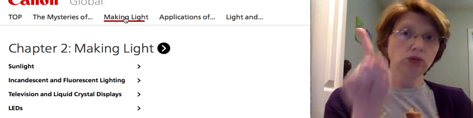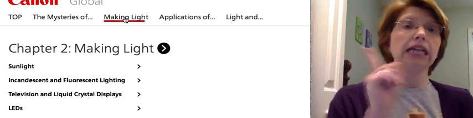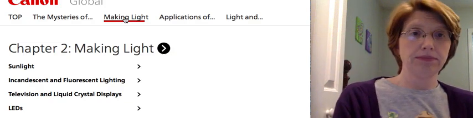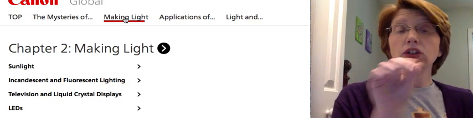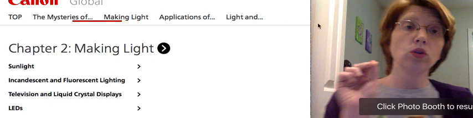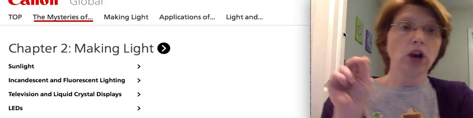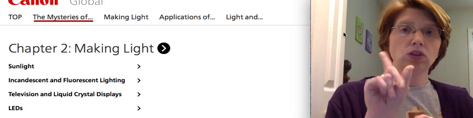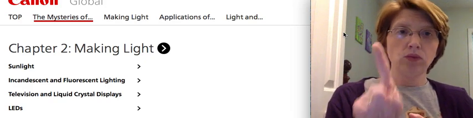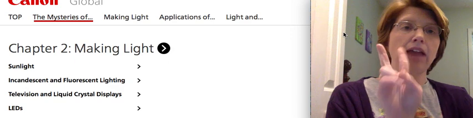What you went to. So I went to chapter 2, Making Light, LEDs. Then your second sentence is, one cool thing I learned is, or one thing I learned is, or I learned blank. Okay? So 2 things, where you went and read and researched and what you learned.